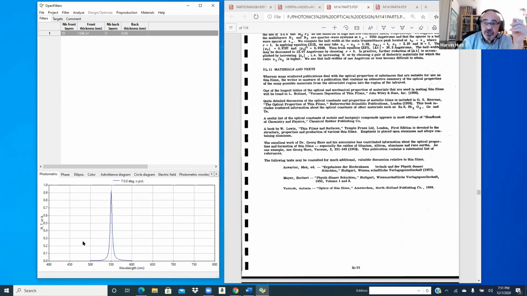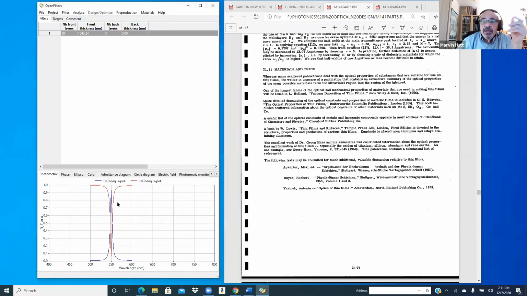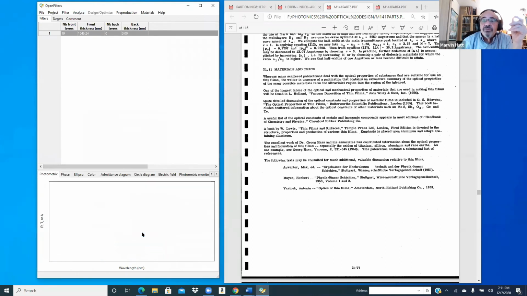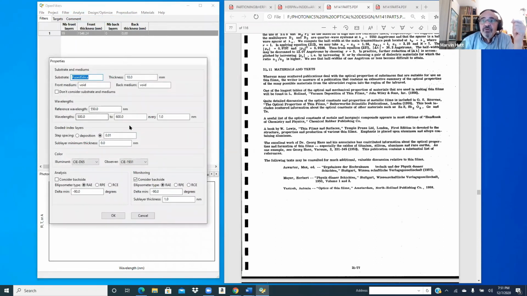Okay, it didn't trace it. Analyze, calculate the reflection. Okay. Well, let's remove all the curves and say filter properties, and we're going 500 to 600.